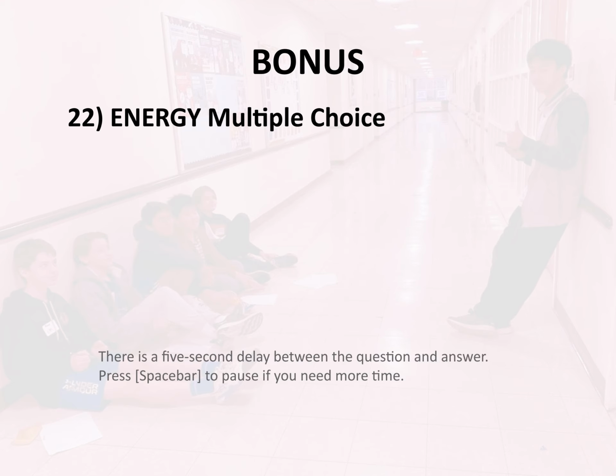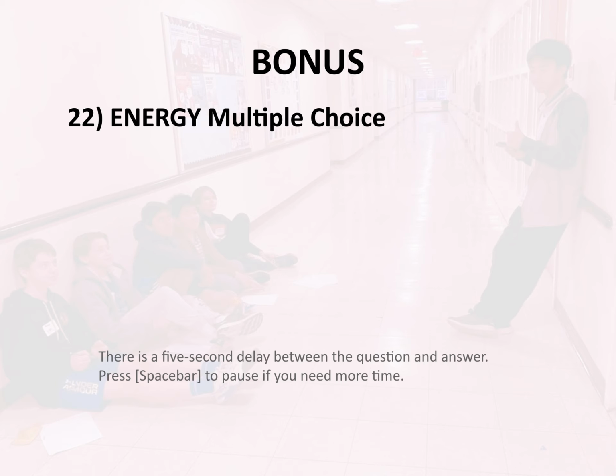Bonus, 22. Energy multiple choice. What is permeability as it applies to magnetic materials? W. Degree of magnetization that a material obtains in response to an applied magnetic field. X. Ability of a magnetic material to move gases through the material.